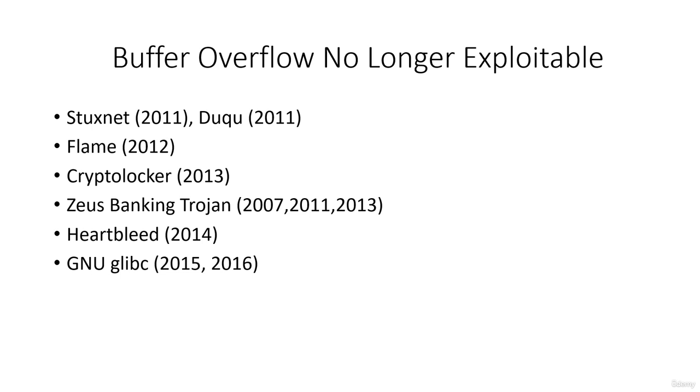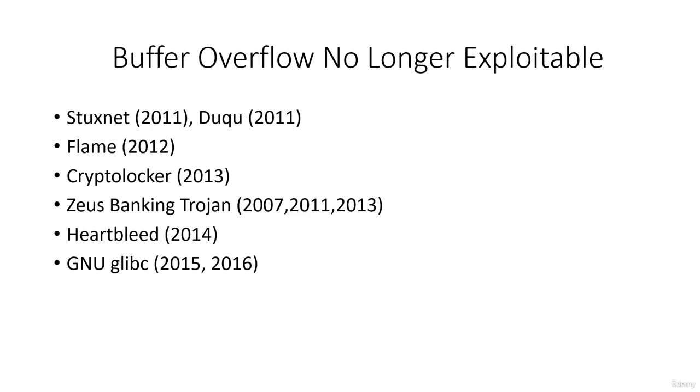However, buffer overflow vulnerabilities are still out there, both in very new and very old program releases, and modern malware is still exploiting them. For example, the Zeus banking malware first appeared in 2007.